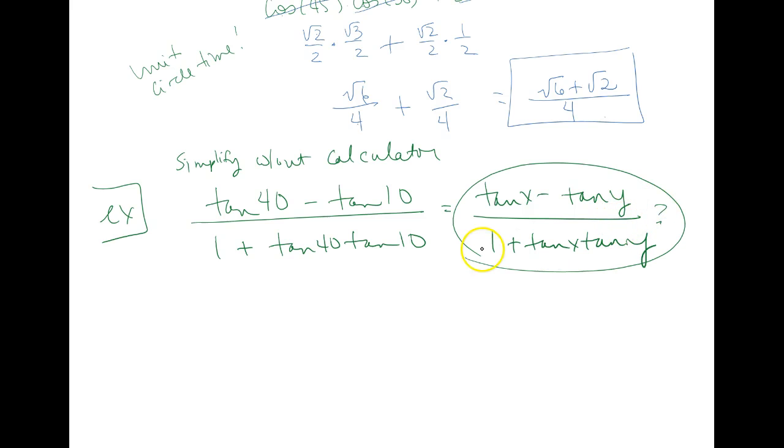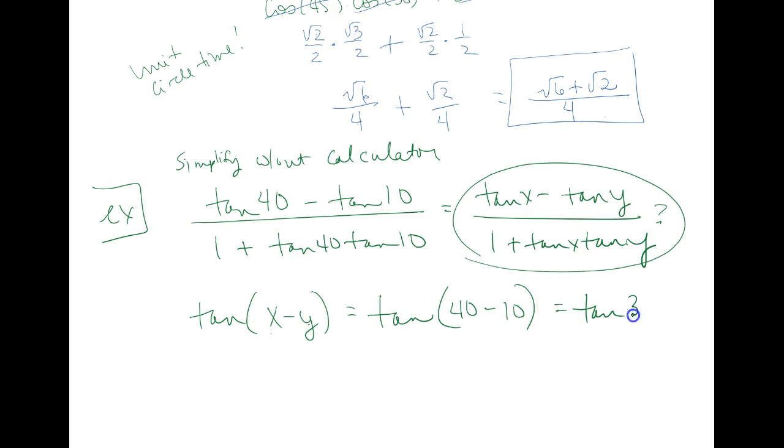And if you look back to the left side of the equation, that's supposed to be equal to the tangent of x minus y. So when I plug those numbers in, okay, what is x in this problem? Well, x is 40. What is y in this problem? Well, it's 10. Then it's just the tangent of 40 minus 10, which is the tangent of 30.